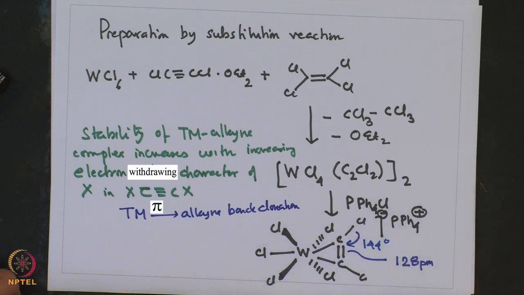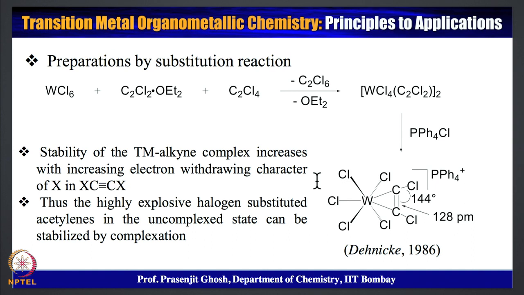And as a result, the fallout is that highly explosive halogen substituted acetylenes in uncomplexed state can be stabilized by complexation.